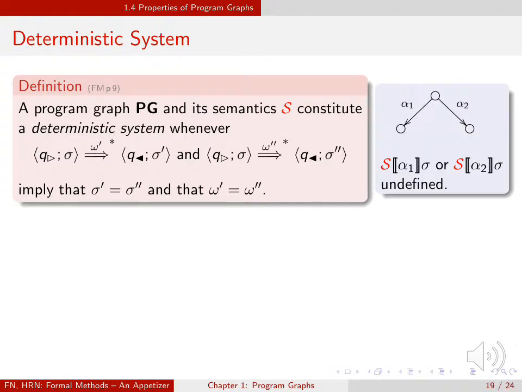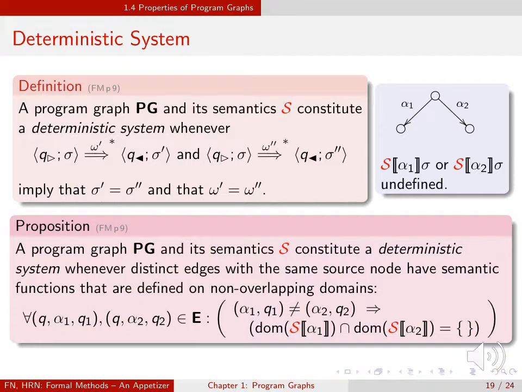There is a simple, sufficient test to check for this, namely that every node has at most one edge leaving it upon which the action is defined for the memory at hand. That this condition is sufficient to ensure that the system is deterministic is expressed by the proposition here. The proof is in the book.